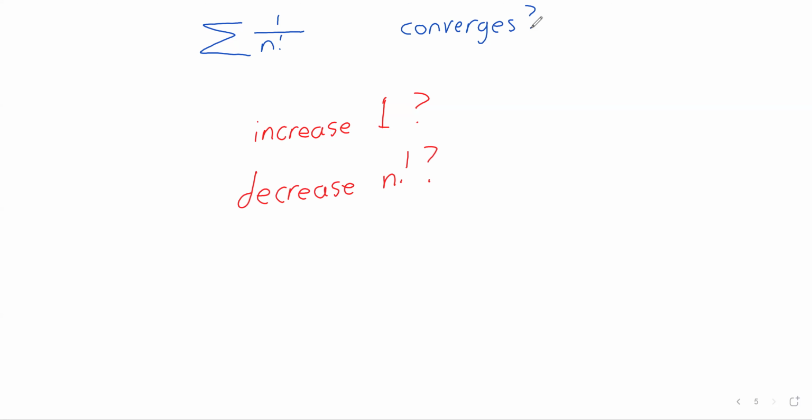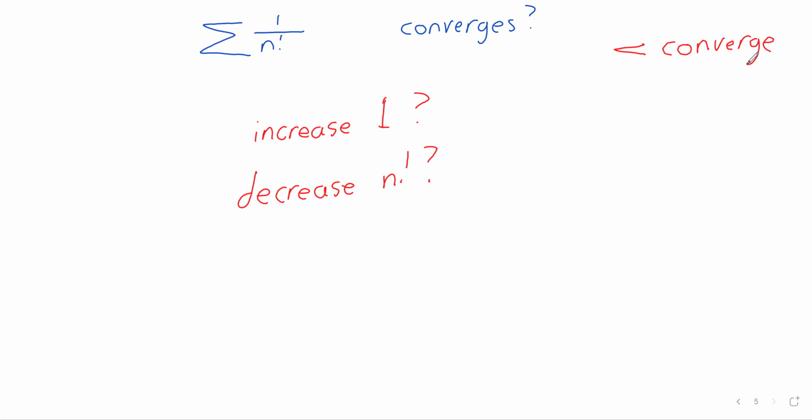And we decrease n factorial. We obviously can, and factorial is super big. Can we decrease it in a useful way that gets us a convergent series? Remember, we're trying to increase this fraction, but not increase it too much. We want this to be convergent.